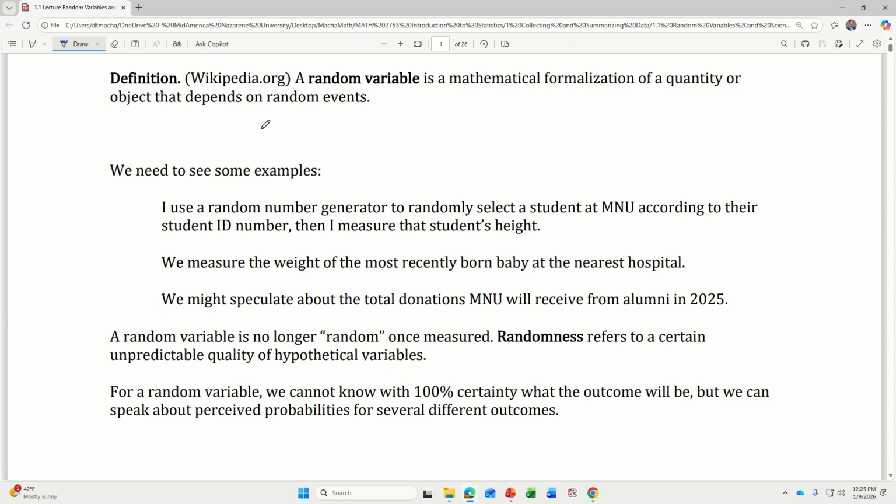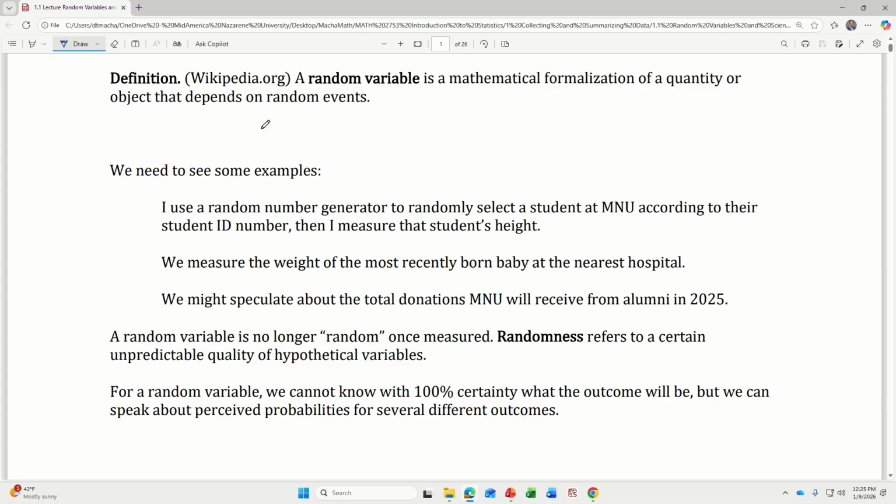And so the same thing, there's some more examples, but like MNU survives on donations. So every year they make a report about the total donations that MNU receives. We don't know what that number is going to be. Until they actually publish that report and we read the report, we don't know what that number is. But we can still speculate and make budgets and make projections for like how much are we going to receive in donations during 2026.